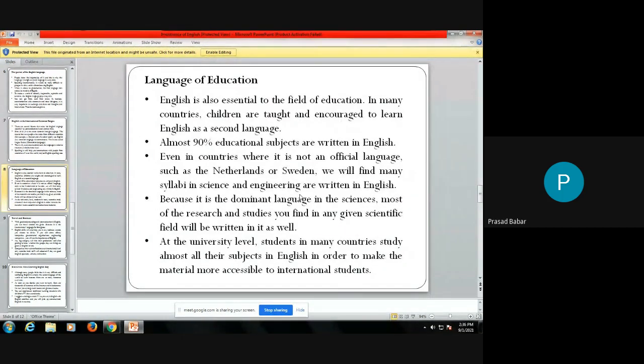So this is why English is important as the language of education and also of research and technology.